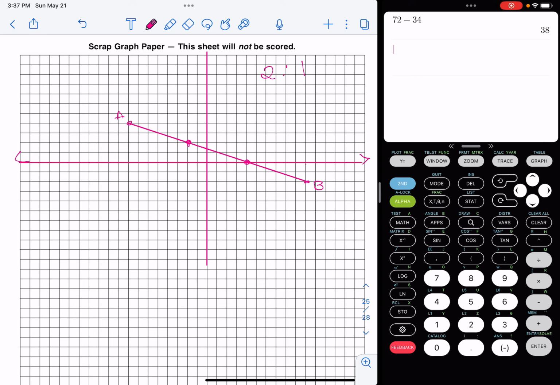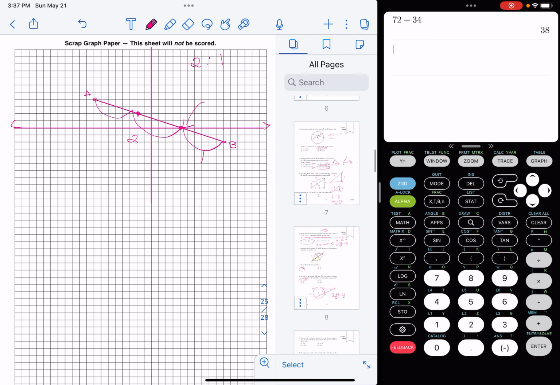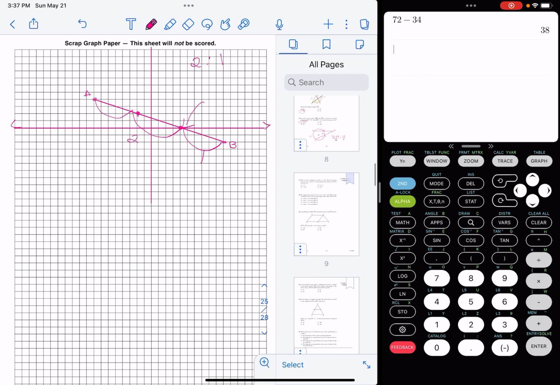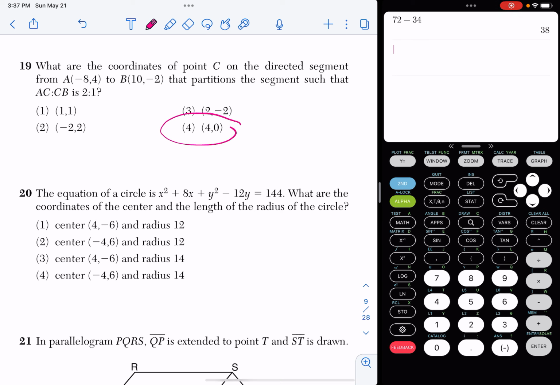Once you have them, you're looking for the one that splits it so that there's 2 sections to the left, 1 to the right. So that gives us this point here. That looks like the coordinates 4, 0. So I'm going to go back to my question here, question 19. And I see that 4, 0 is in fact an answer choice, so choice 4.